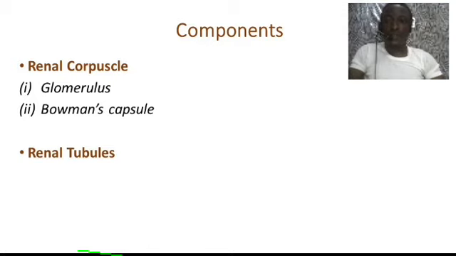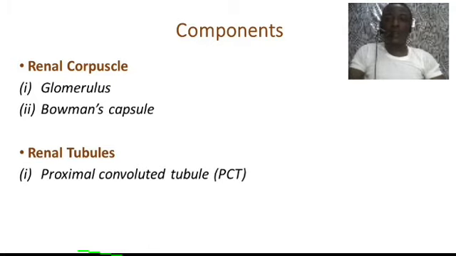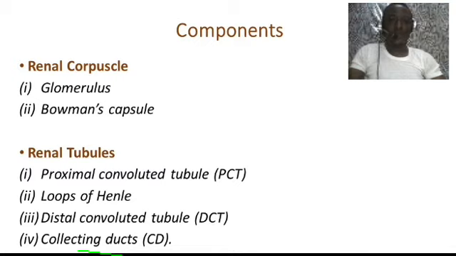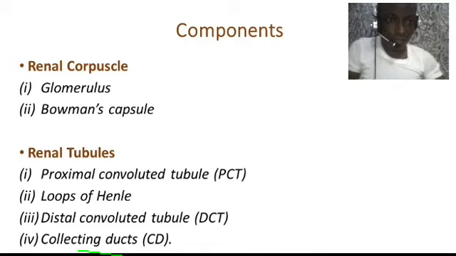The renal tubules are made up of the proximal convoluted tubule, that's the PCT, the loops of Henle, the distal convoluted tubule, and lastly the collecting ducts. We are going to look at the meaning and the physiology of each and every component of the nephron in this lecture.